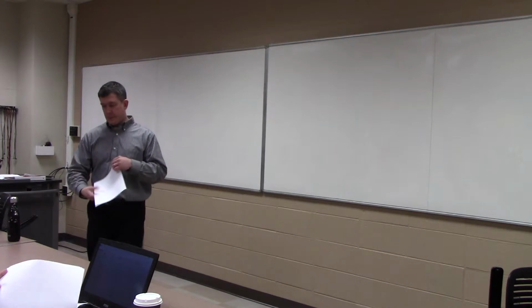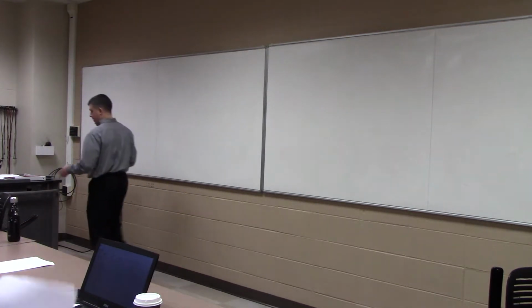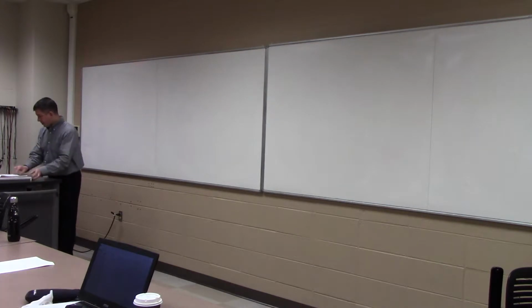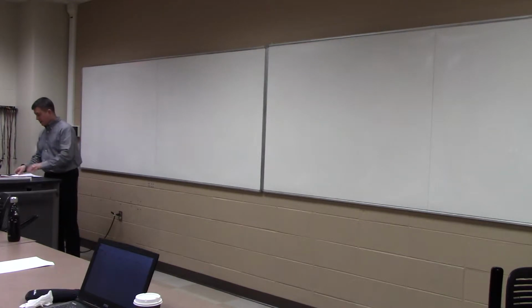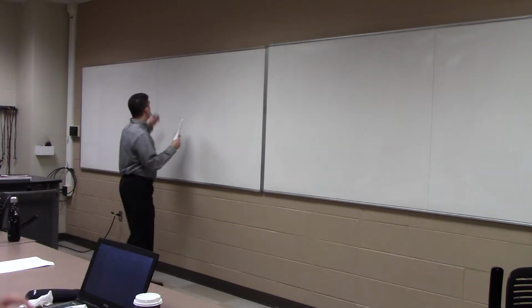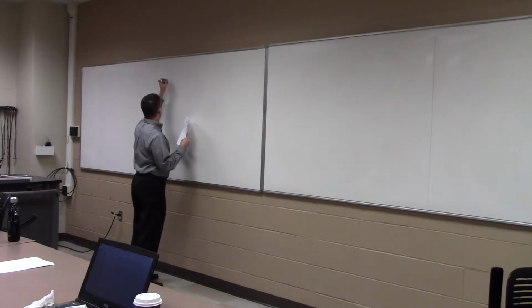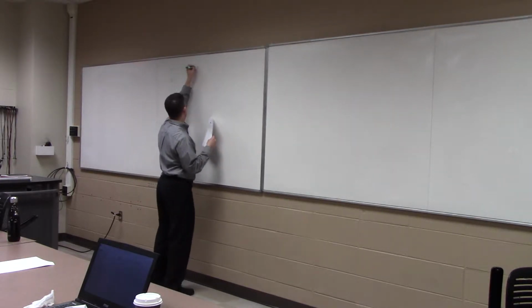Okay. All right, I'm just going to go through the midterm, problem by problem. If you have any questions, just let me know. So problem number 1 was very much like one of our homework problems, a little different.